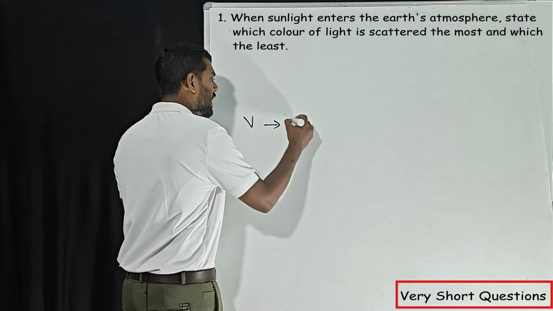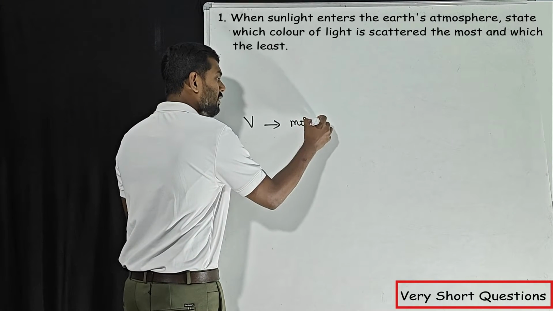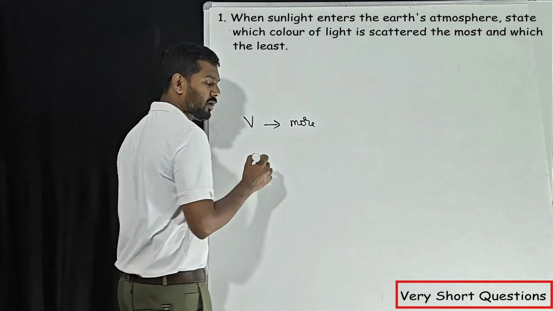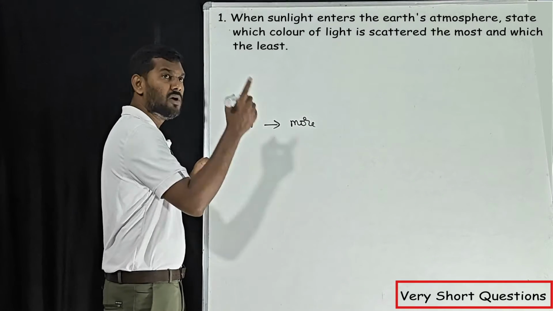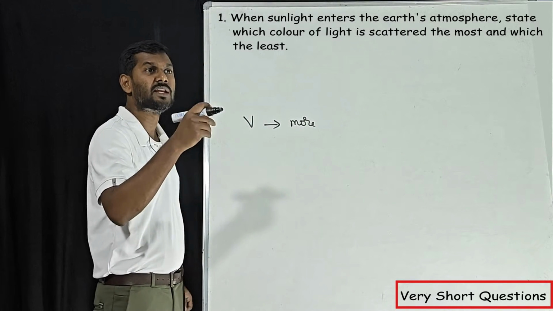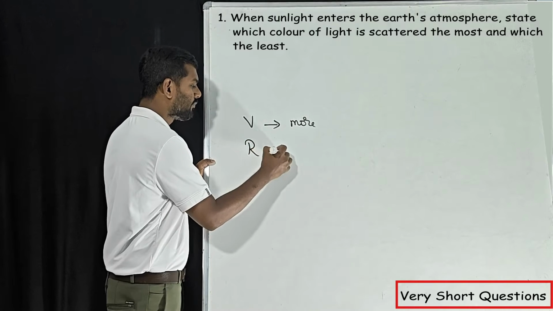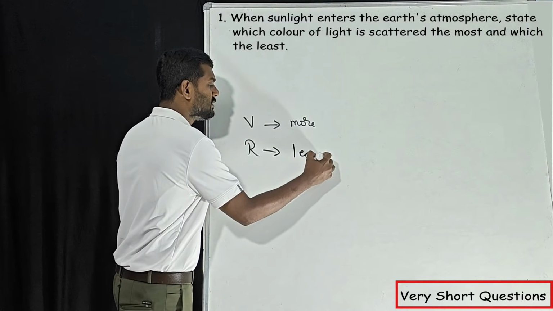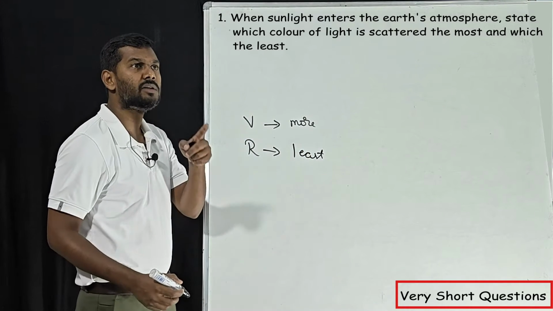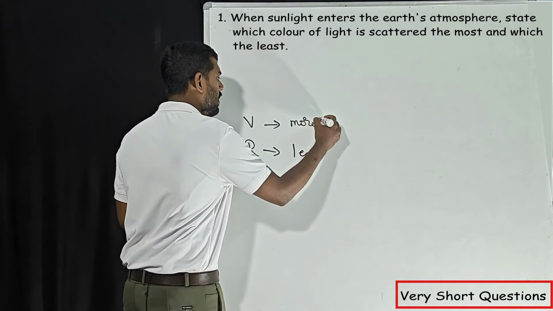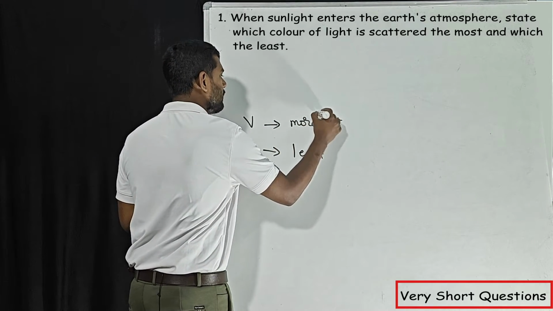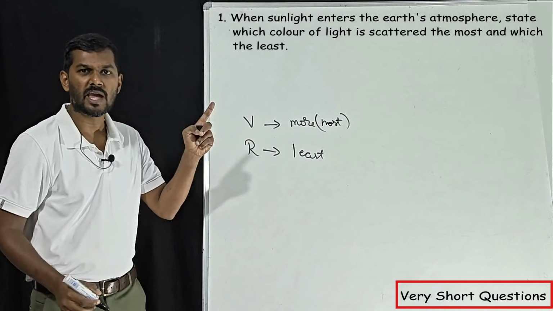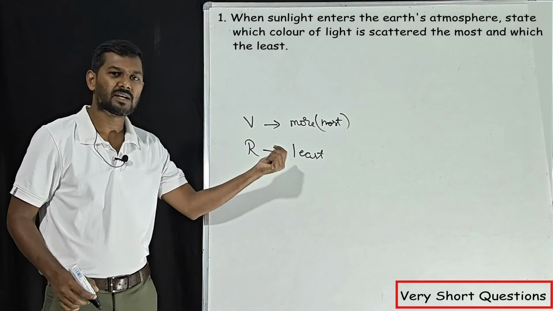So violet will scatter more. Then they are asking for the other color which scatters least. Red. Here they are using most, but more or most, anything is fine. Violet will be scattered most, red will be scattered least.